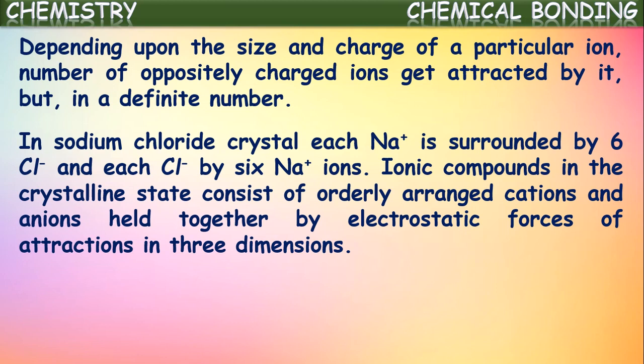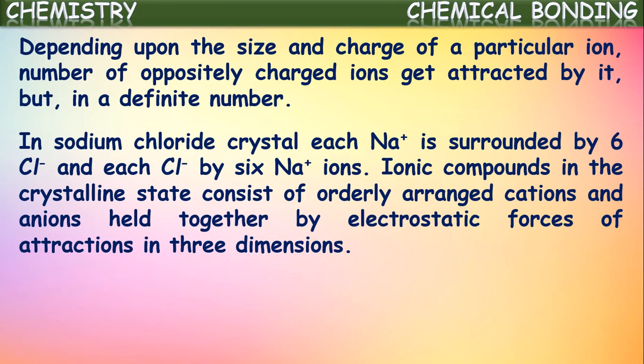Ionic compounds in the crystalline state consist of orderly arranged cations and anions held together by electrostatic force of attraction in 3 dimensions. In all ionic compounds, each ion will be surrounded by a particular number of oppositely charged ions from all the directions. They will have a systematic arrangement in this crystalline structure.